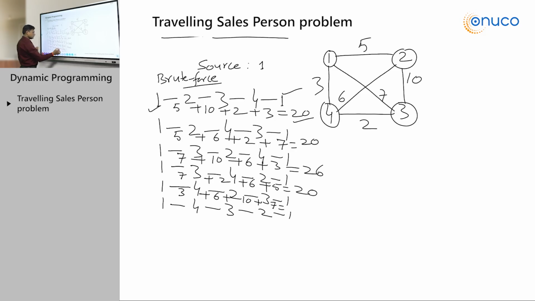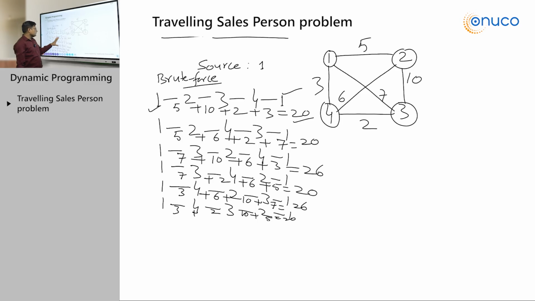So again it is coming 26. Last is 1 to 4 is 3 plus 4 to 3 is 2 plus 3 to 2 is 10 plus 2 to 1 is 5. So it is 3 plus 2, 5, 15 plus 5, 20.